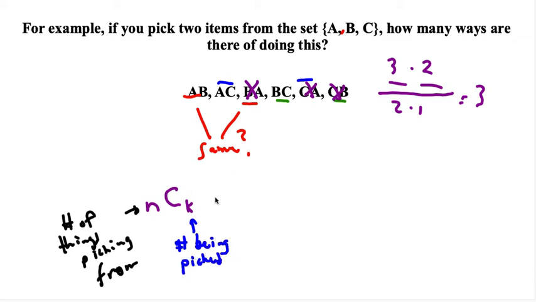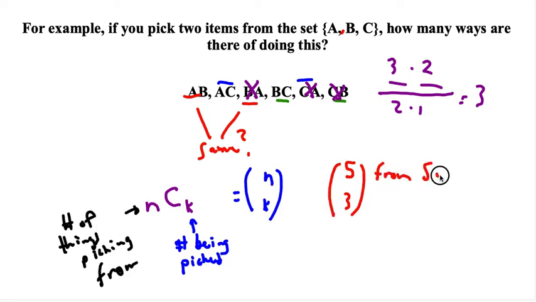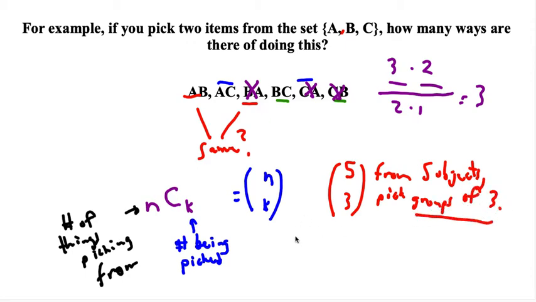So this could be written as NCK, C stands for combination, or it's written as N over K. An example would be 5 choose 3, which would mean from 5 objects, pick groups of 3. So what does that mean?